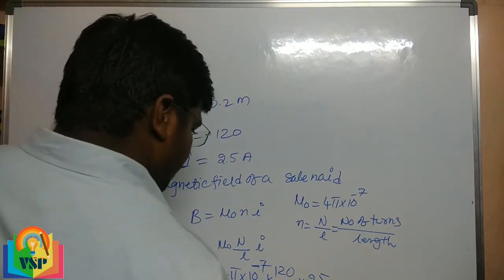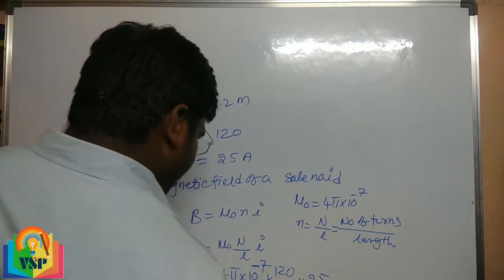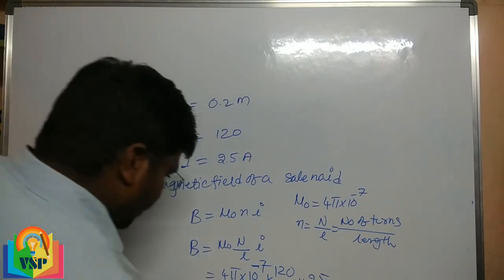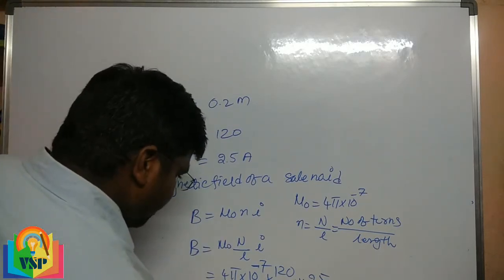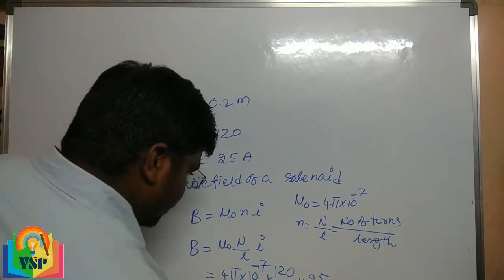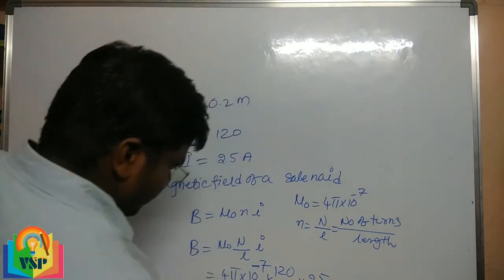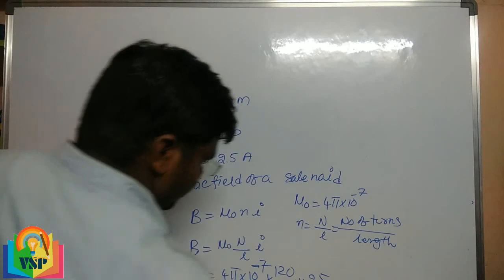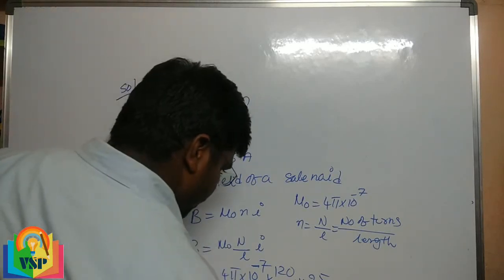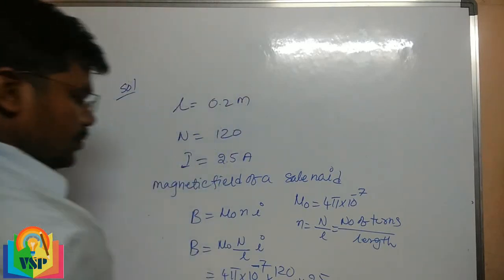Okay, by calculation, 4 into 3.14 into 10 power minus 7, divided by 0.2.